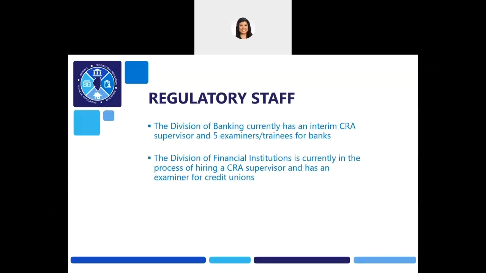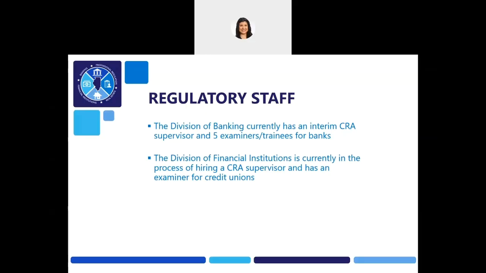An update on the regulatory staff. Since our last webinar or meetings that we've had with other organizations, we do have an interim CRA supervisor, and we're in the process of trying to hire a full-time CRA supervisor. We do have 5 examiners, actually 4 examiners and 1 trainee for banks.